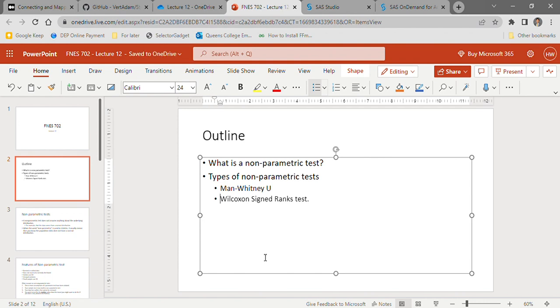When I took stats early on, the names always kind of tripped me up, especially with the non-parametric tests where the names start getting a little weird. But don't get hung up on it too much. Once we go through this lecture, it'll make a lot of sense.